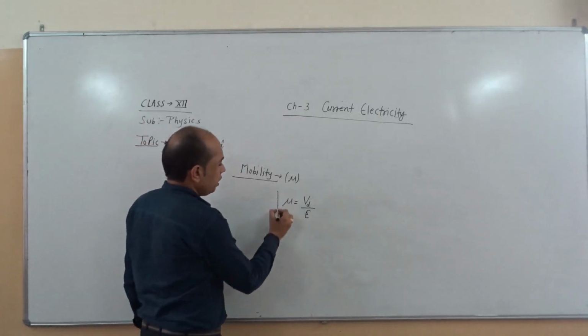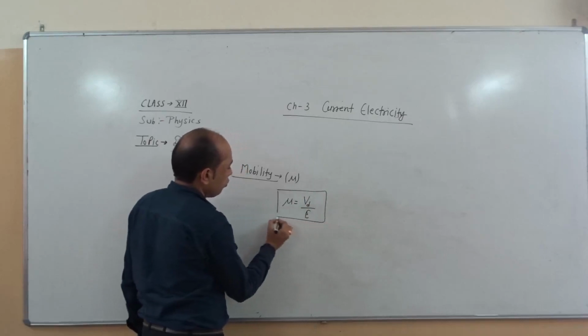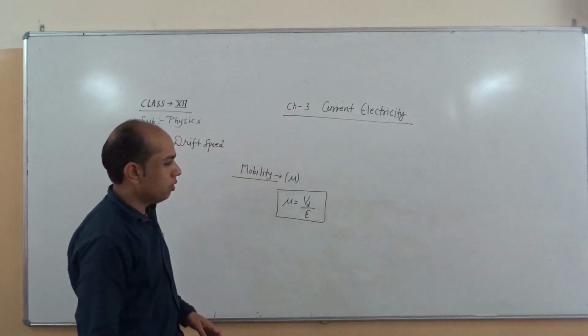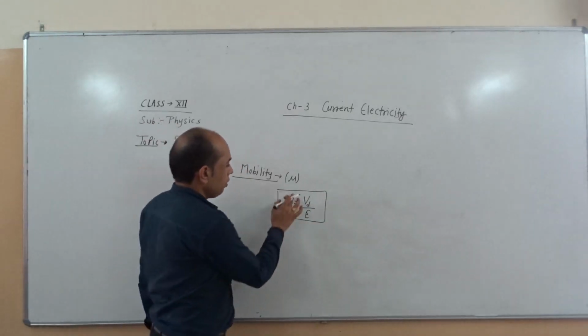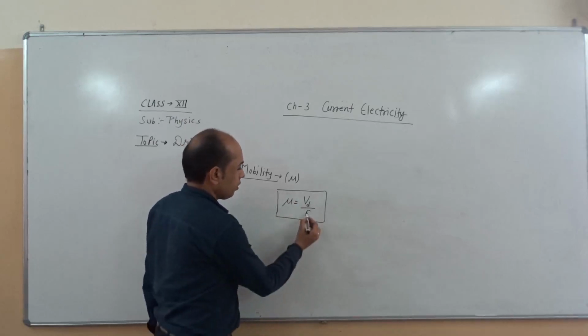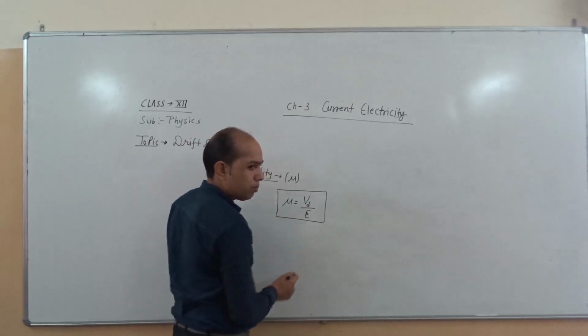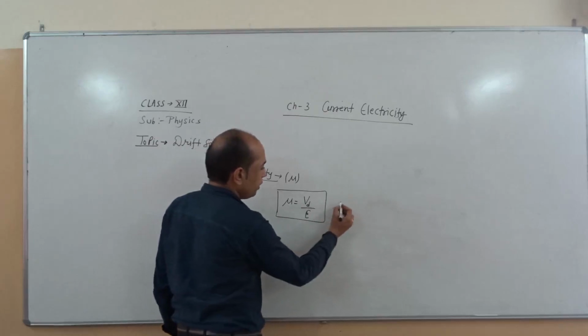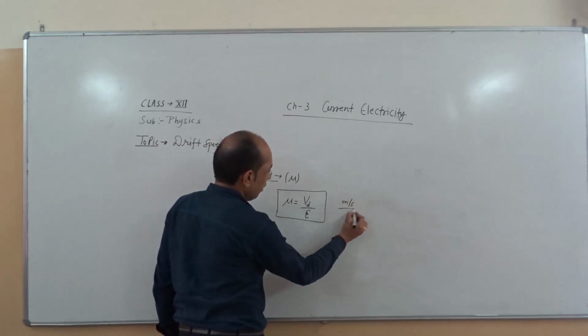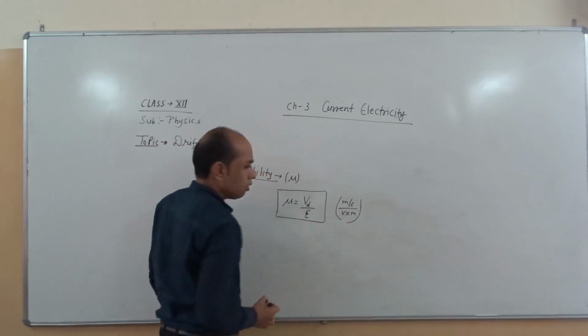By this we easily find out how much mobility the electron has during the flow of current. And if we talk about the unit part, drift velocity is in meters per second and electric field is in volts per meter. So this is the unit.